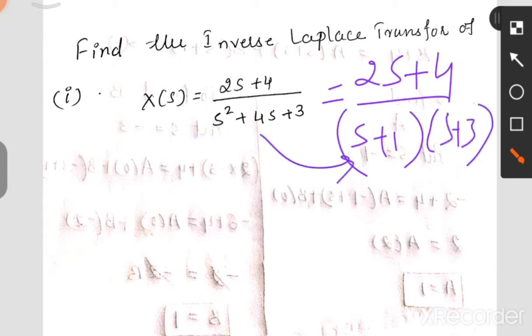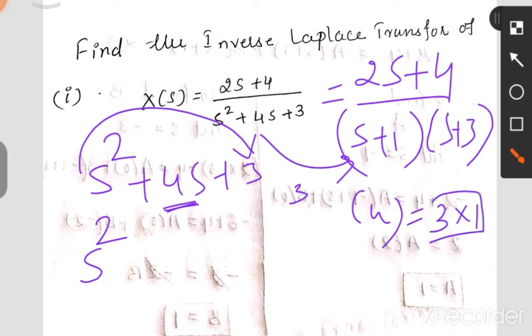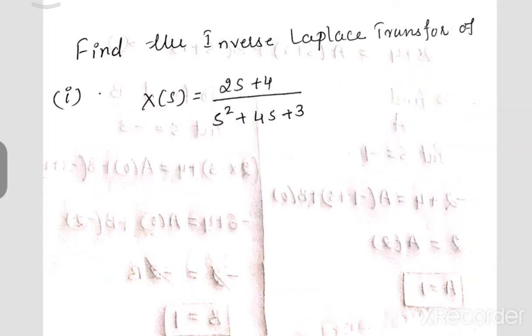Or you would have remembered: for s square plus 4s plus 3, the multiplication of these two should be equal to 3 and the addition of these two should be equal to 4. That is nothing but 3 into 1. If you multiply 3 into 1, it will be equal to 3. If you add these two factors, 3 plus 1, you will get 4. So therefore one root is s plus 3, another root is s plus 1. Like this also you can do.